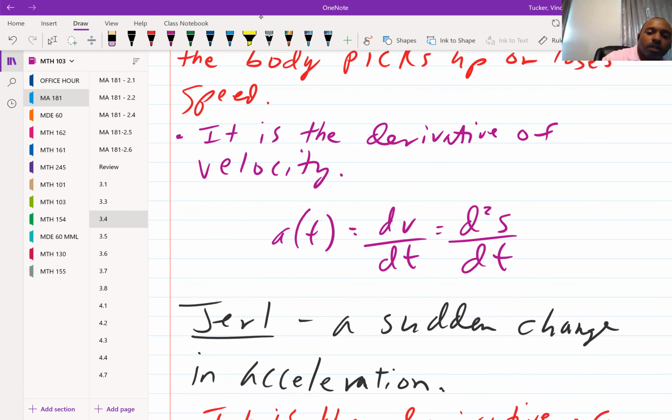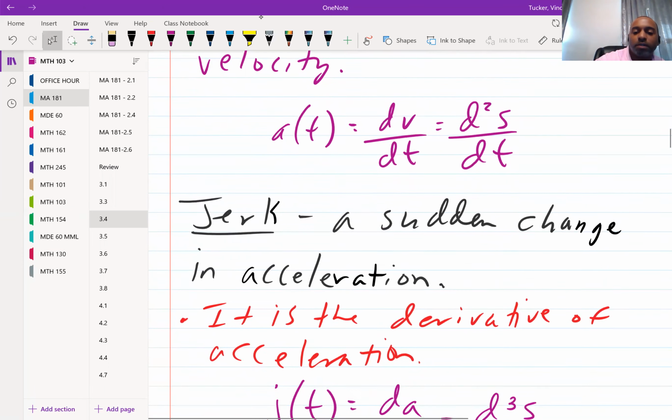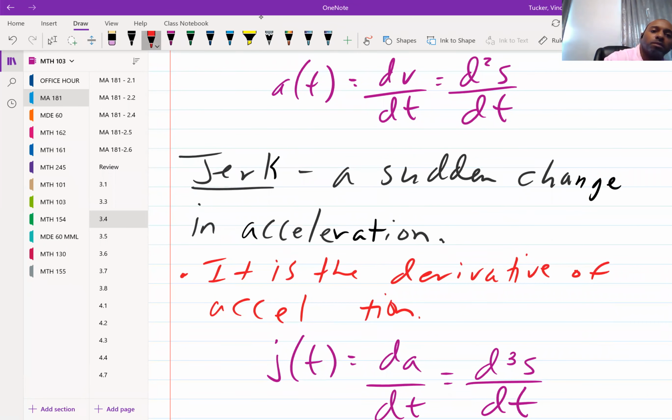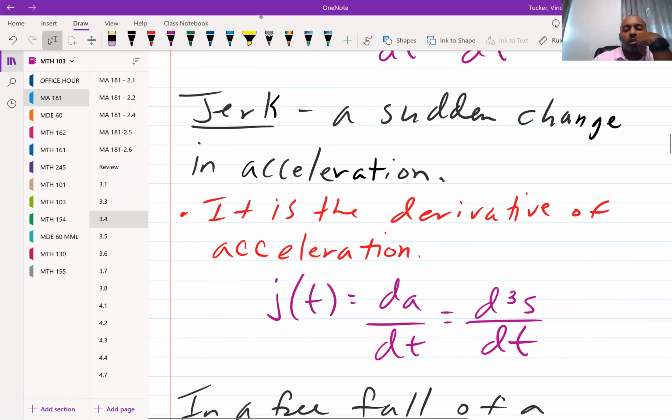Jerk is a sudden change in acceleration, and that is the derivative of acceleration. Any problems? Can I scroll up?